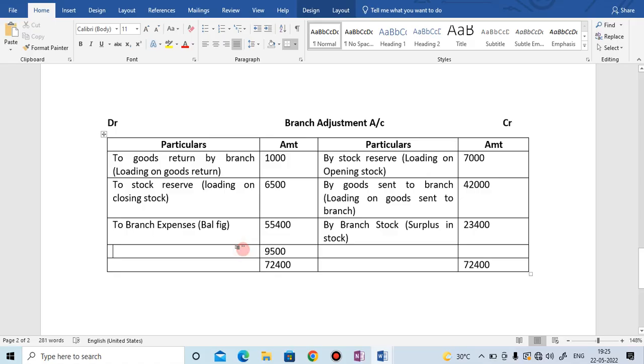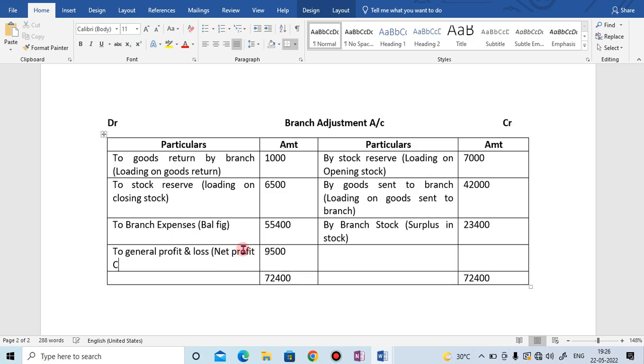So this 9,500 is to general profit and loss. Basically 9,500 is the net profit carried down. In this way you have to solve the branch account.